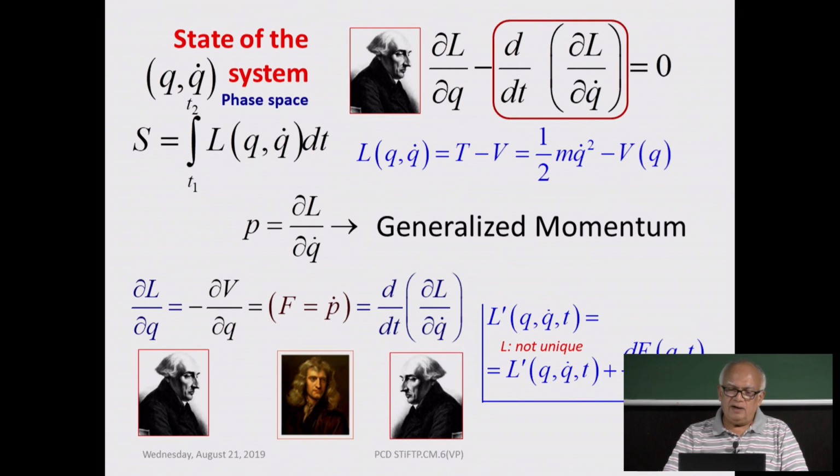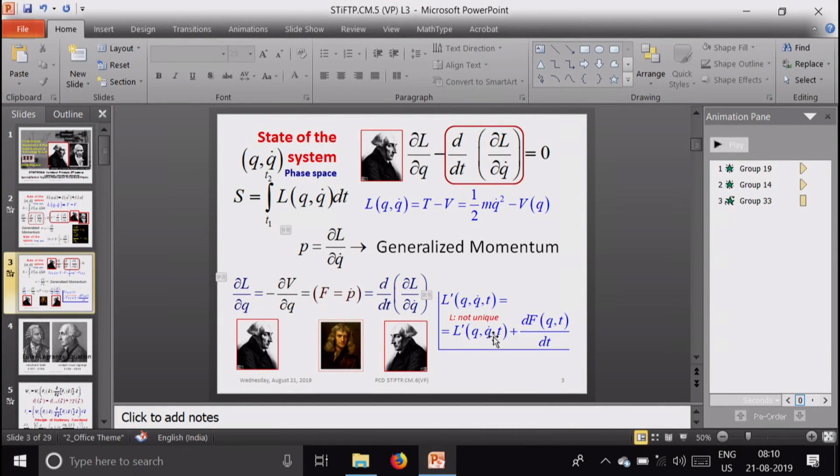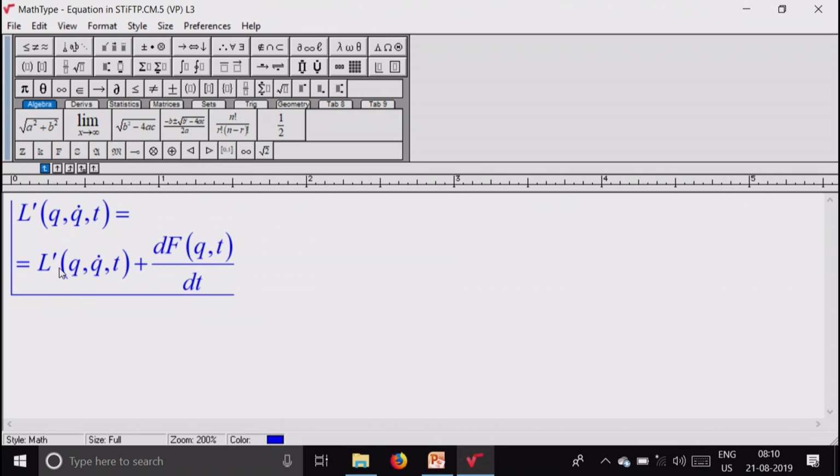So the Lagrangian, I should alert you, is not unique. You can get the same equation of motion from some alternative Lagrangians. So here is an example: you can write a Lagrangian L prime. I think I need a small correction here. This prime should not be here.